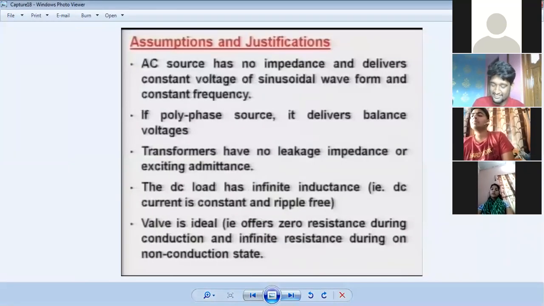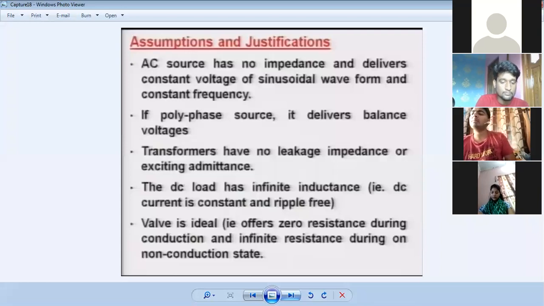Next is analysis of a simple rectifier circuit. Next topic. There are some assumptions and justifications. We have made some assumptions for this simplification of the rectifier circuit.